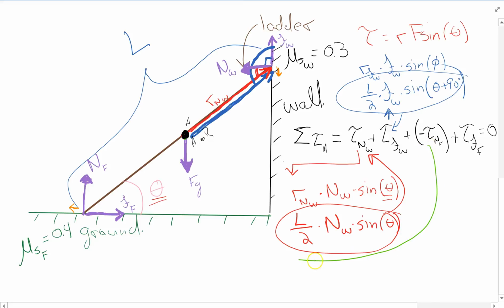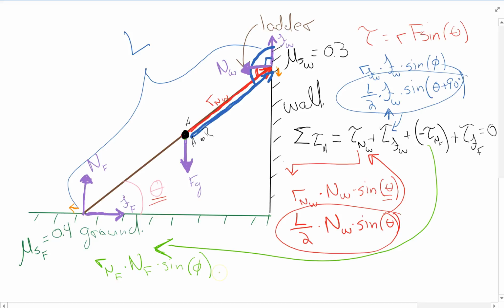So this torque right here, I'm going to write out over there. So the torque from the normal force of the floor is going to equal the lever arm from the axis to the normal force of the floor times the normal force of the floor times sine, and again, I'm going to use a different angle. I'm not going to say theta because I don't want to get confused. I'll call it phi again.